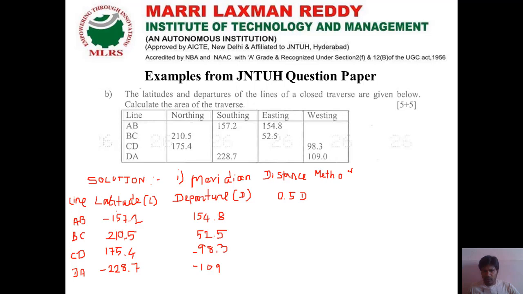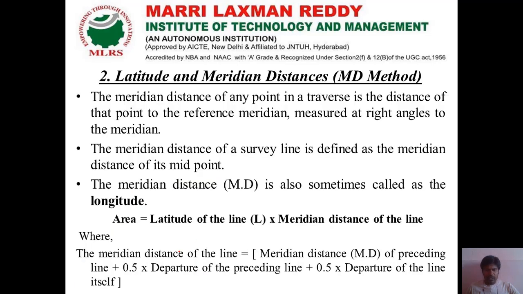In the MD method, the formula is like this: the meridian distance of the line equals the meridian distance of the preceding line, plus 0.5 into the departure of the preceding line, plus 0.5 into the departure of the line itself.